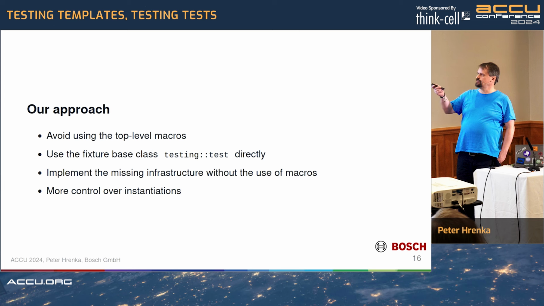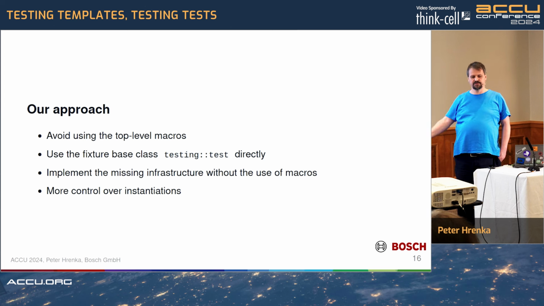And we always anyway have to derive from this testing base class. Just do that as we did before. And we just implement everything else that we need, what is provided by the macros, by ourselves, and we can see how this works out. And hopefully we have more control over these instantiations.